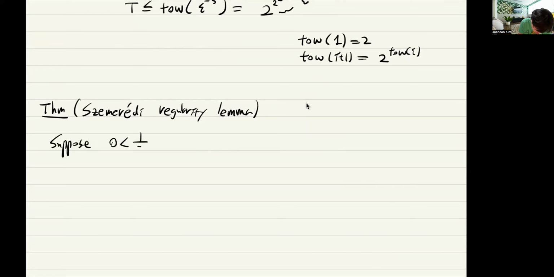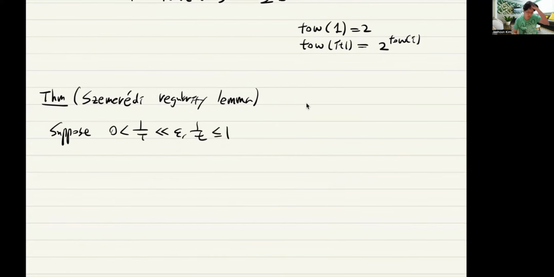So instead of considering only epsilon, we consider two parameters, epsilon and t, and t is an integer. Usually when I write a Greek letter, that's a number smaller than 1, and when I write a Roman letter, that's an integer.